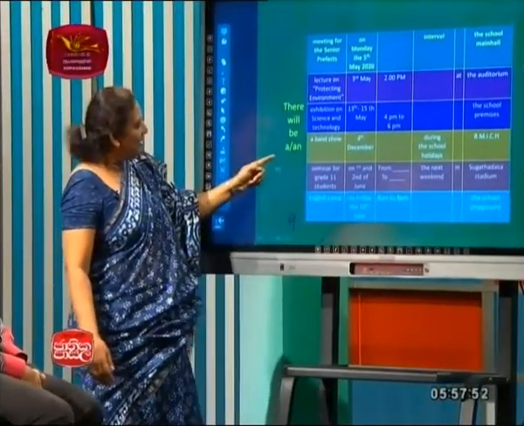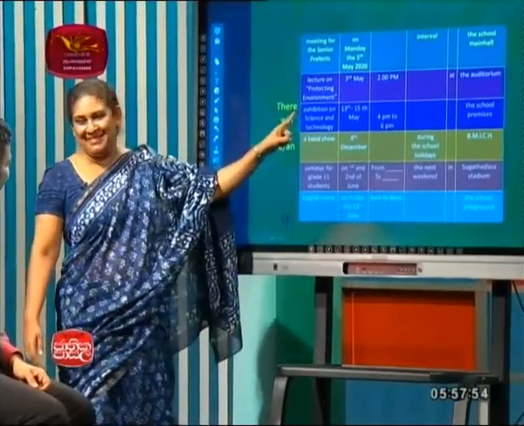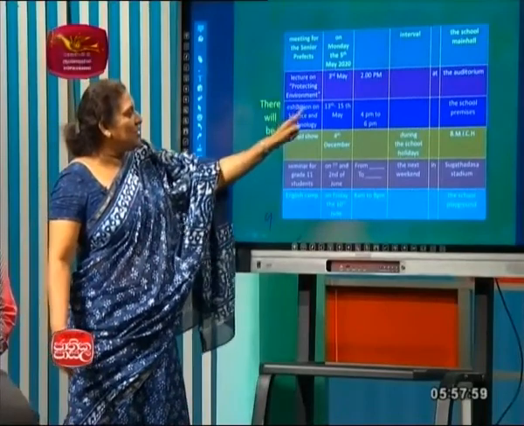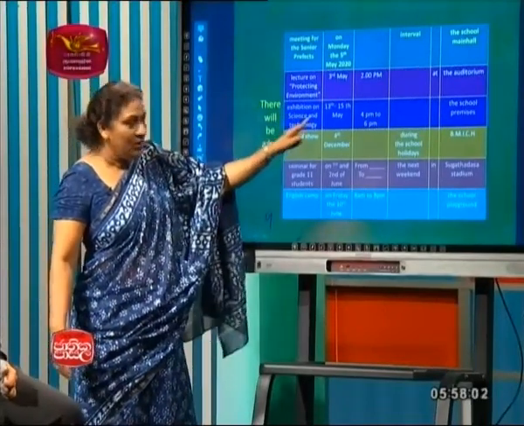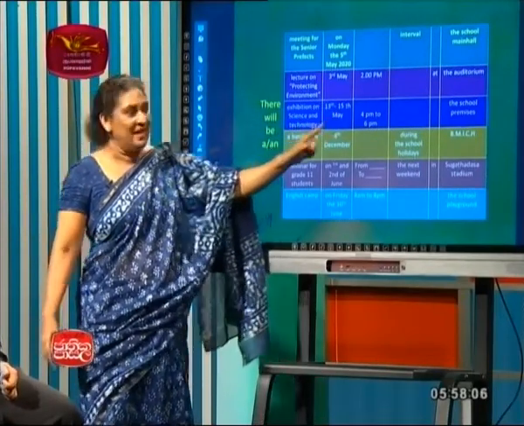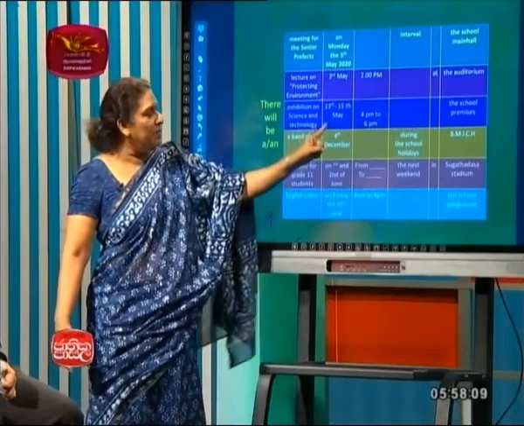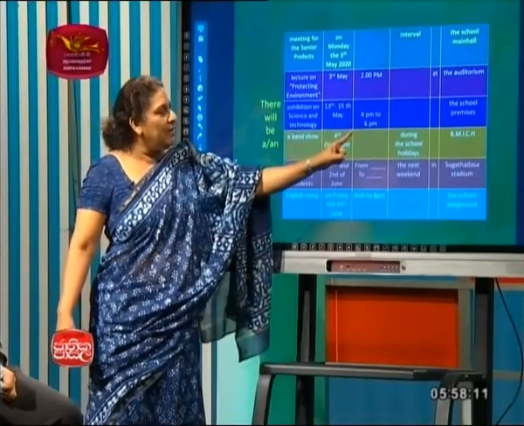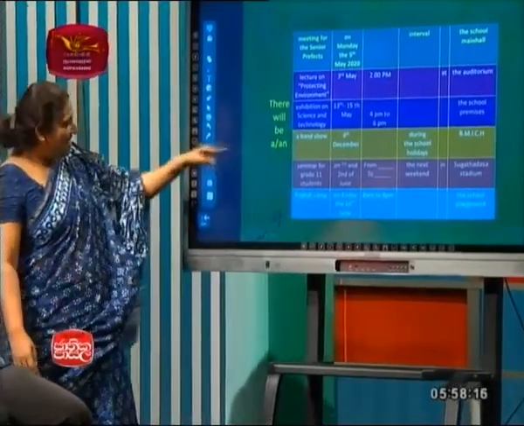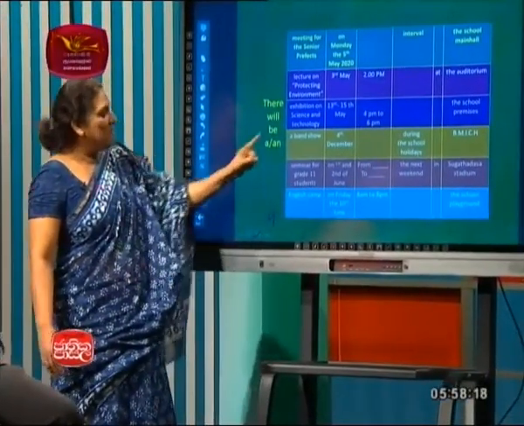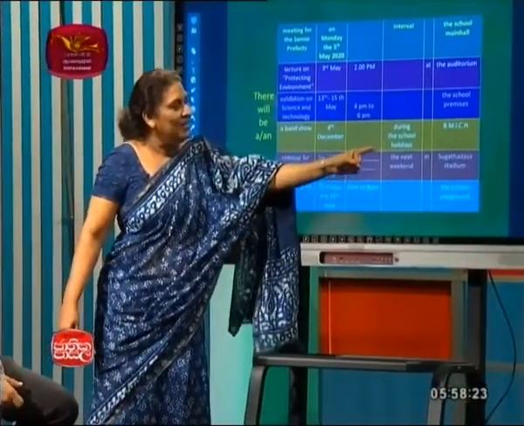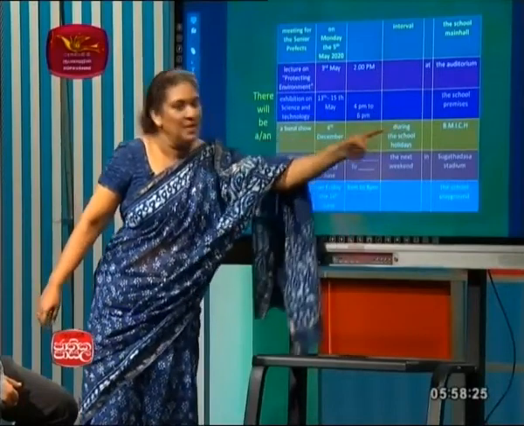There will be an exhibition on science and technology, because it's a range of days, now here not "on", because 13th to 15th, then from 13th to 15th May, from 4 p.m. to 6 p.m. at the school premises. Another one, there will be a band show on 4th December during the school holidays at BMICH.